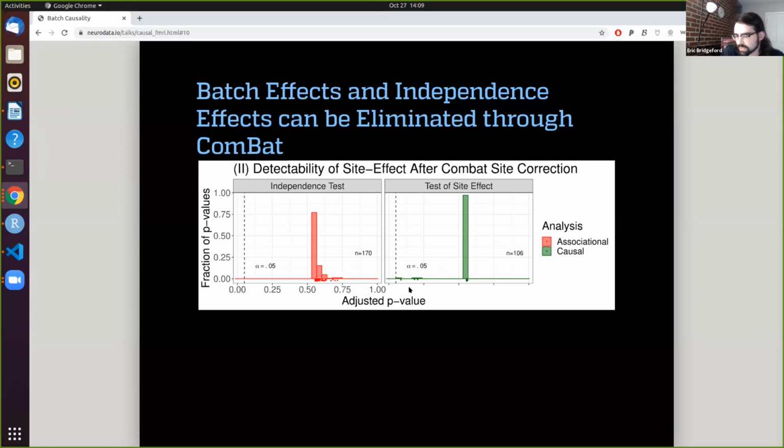And you try to take that out. What we can see in both of these figures, if we compare this to the previous figure, is that practically none of the effects are significant after adjustment, which indicates we've done a pretty good job of removing whatever batch-related signal we were detecting previously.